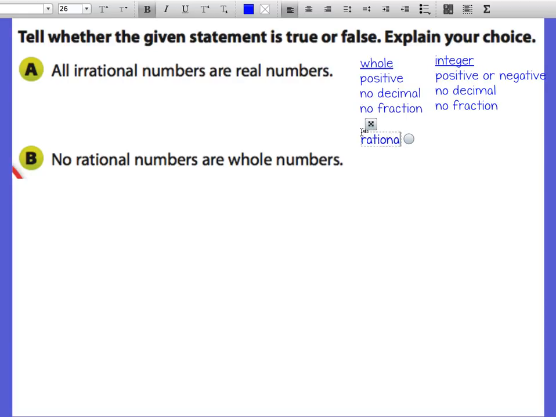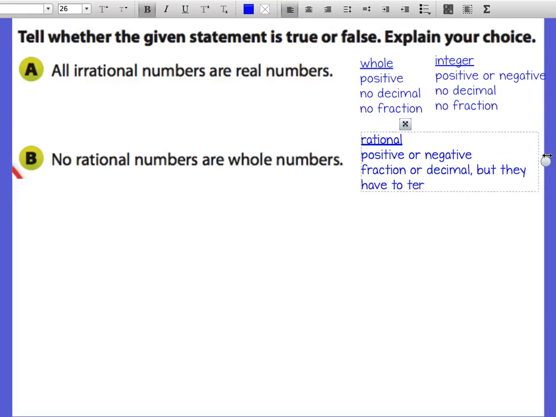To be rational, it can be positive or negative. It can be written as a fraction or a decimal, but those fractions or decimals have to terminate or repeat.